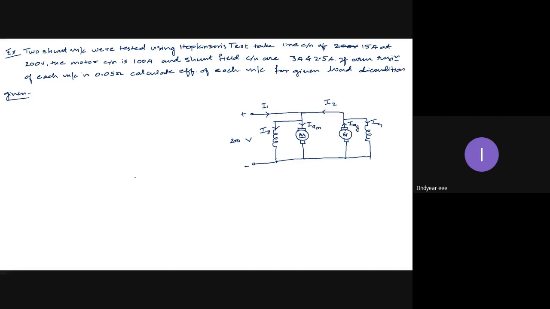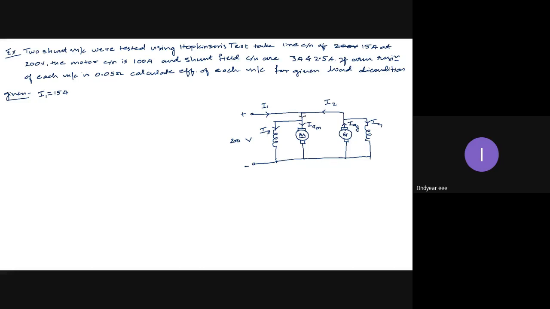Now, it is clearly mentioned that the line current is 15 amperes. So therefore, my I1 is 15 amperes. They haven't mentioned anything about the generator line current, whereas the motor current is 100 amperes. What is motor current?